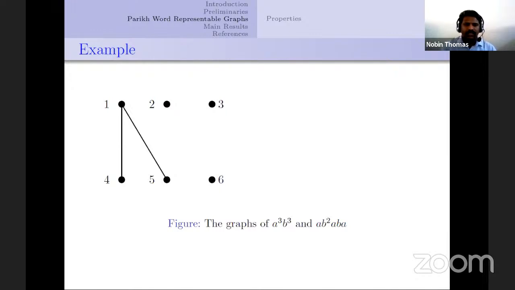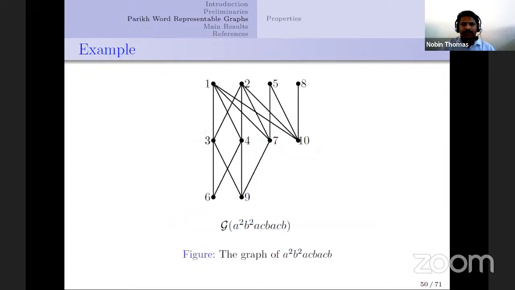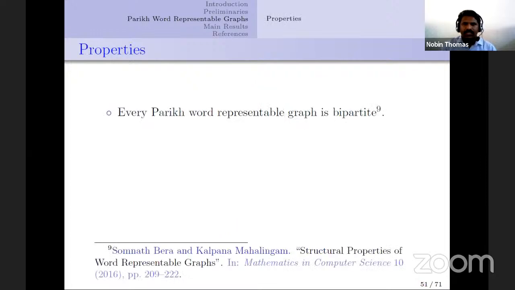Therefore, we have an edge between 1 and 5, and so on. The second graph is the graph corresponding to the word ab square aba, which is a disconnected graph because it ends with an a. This is a graph over a ternary alphabet, the graph corresponding to the word a square, b square, acb, acb.